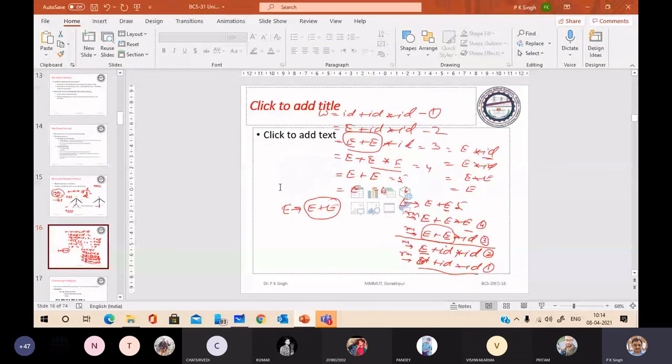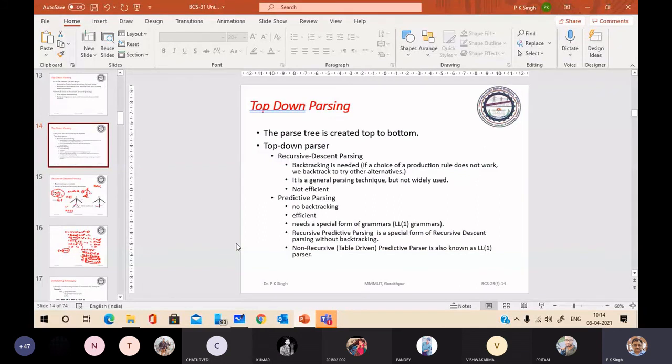But come to the top-down parsing. I have told you we have two types of top-down parser. One is the recursive descent parser, where we need backtracking.